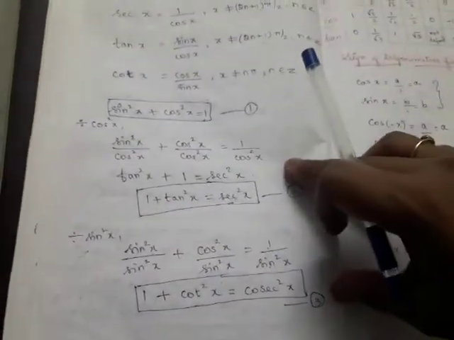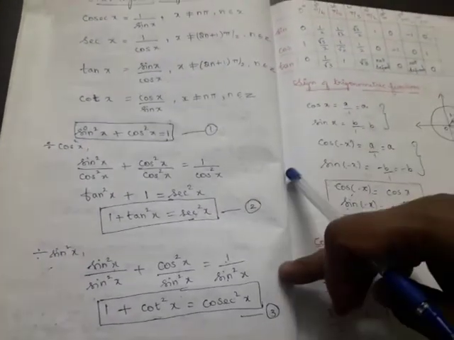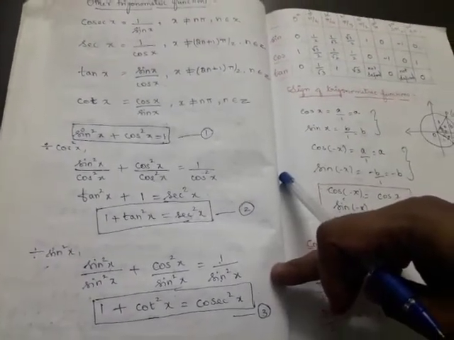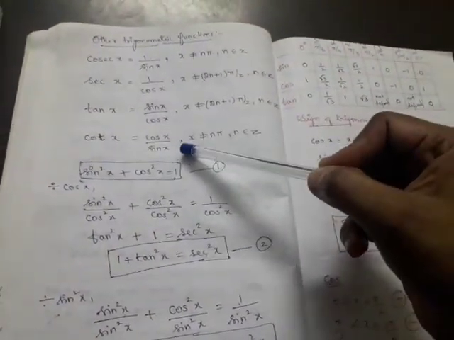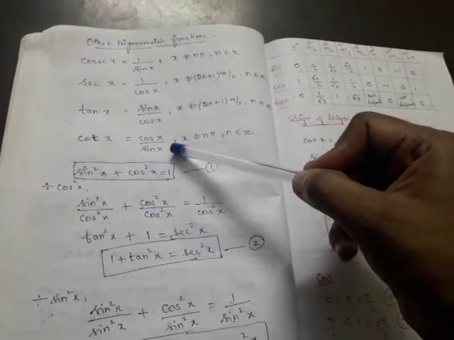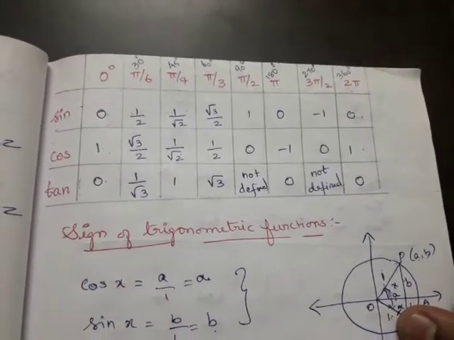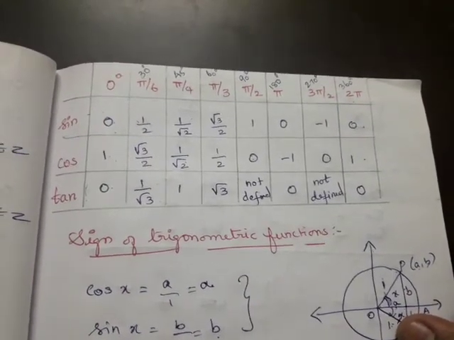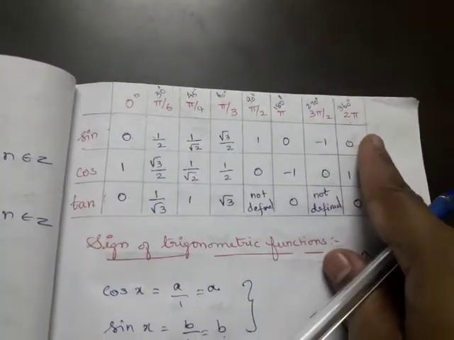After this, we learnt other two identities, 1 plus tan square x equal to secant square x and 1 plus cot square x equal to cosec square x. And also we have learnt other trigonometric functions in terms of sine and cos. Then I told you, you should remember this table, which is the trigonometric ratios of the standard angles starting from 0 to 2 pi.